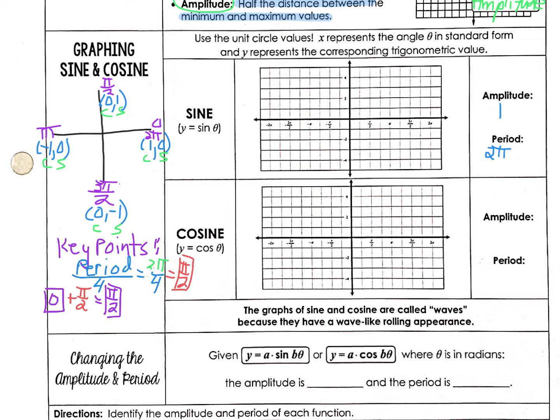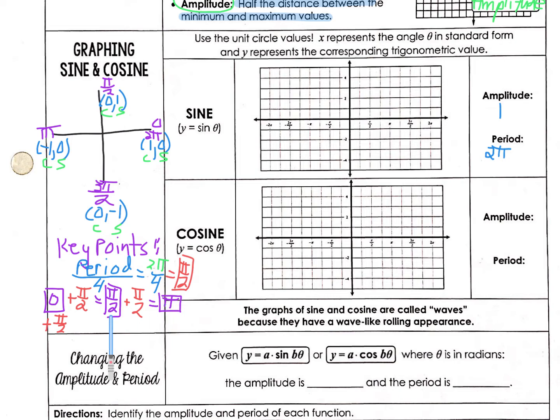Then we're going to add another half pi, and that's going to give me my third key point. So 1/2 and 1/2 is 1 pi, and then we're going to add another half pi to pi.